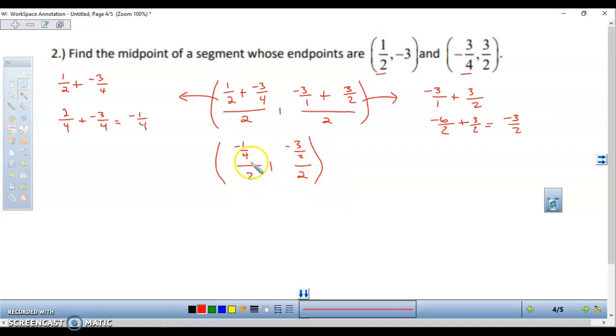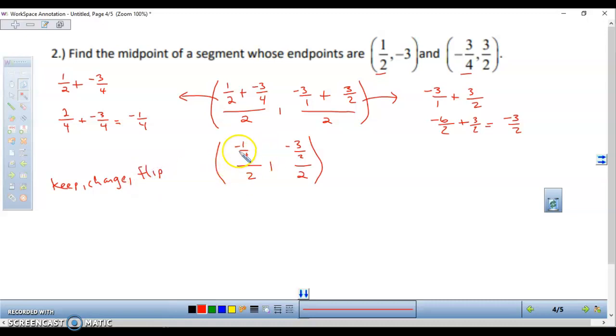Now the last thing, you guys, is when you're dividing a fraction by a number, there's a rule your teacher probably taught you. Instead of dividing by a fraction, you multiply by its reciprocal. Or your teacher maybe taught you something like keep, change, flip, or some sort of weird way for you to remember how to divide by fractions.